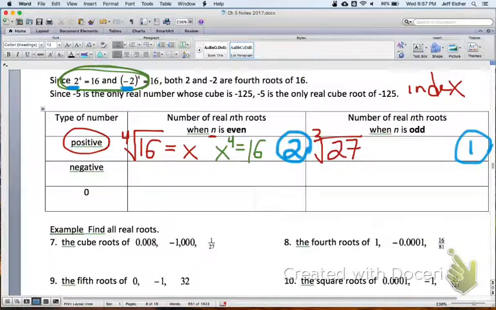And that's what we had up here in this line. Since negative 5 is the only real number whose cube is negative 125, negative 5 is the only real cube root of negative 125. So in this table, if you have an odd index, you only ever have one real root, regardless if the number is negative, positive, or 0.